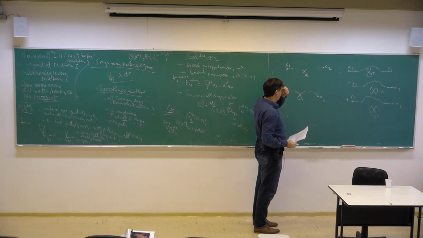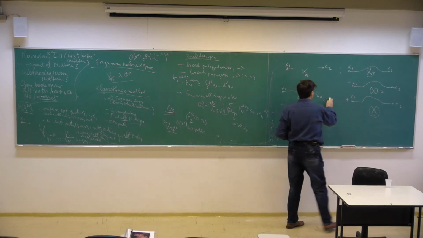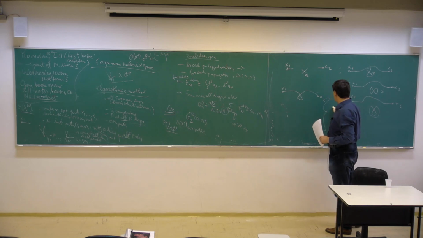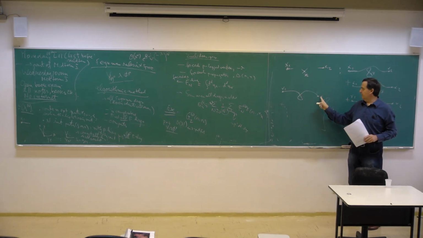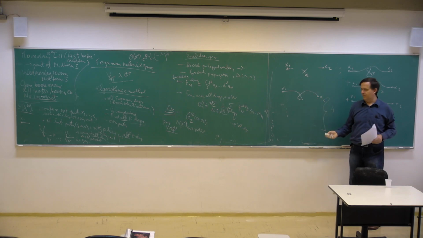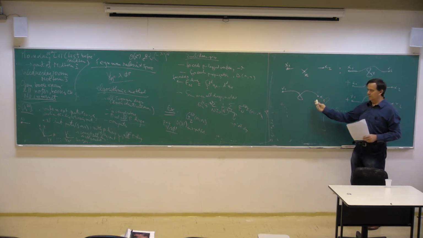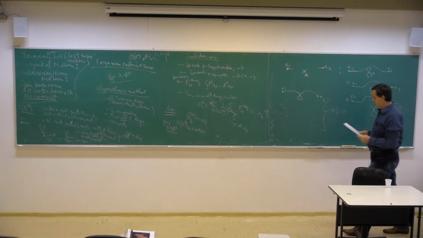We can count how many, because x1 is connected with one of 4 points, and then x2 is connected with one of the remaining 3 points, and then the remaining 2 points are connected together. So there are 12 diagrams like this. I obviously don't draw them, but you can draw them if you want.